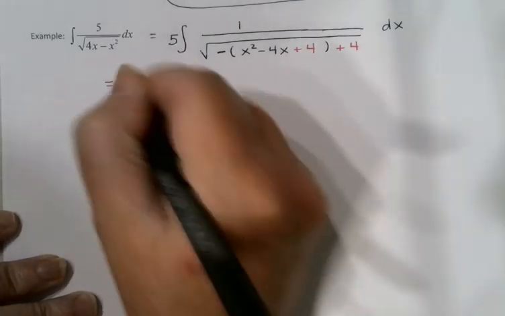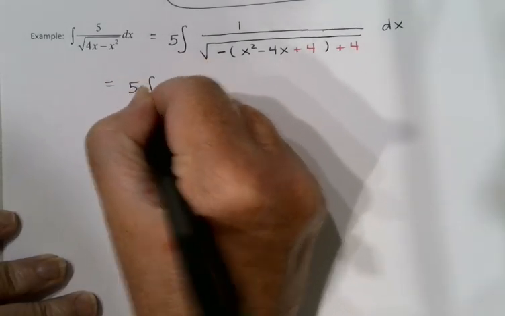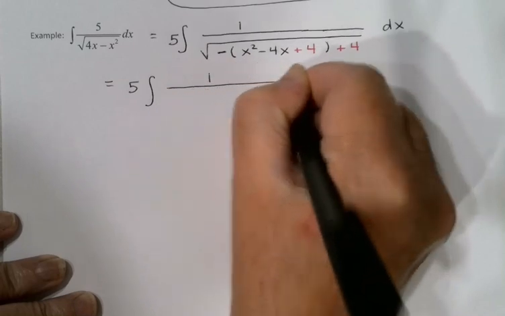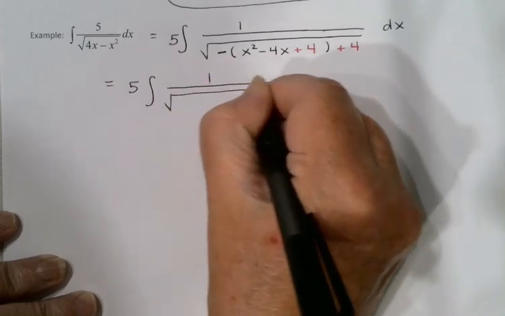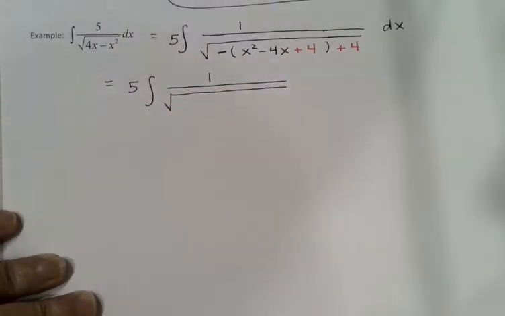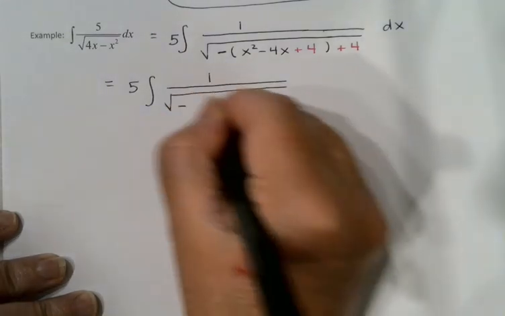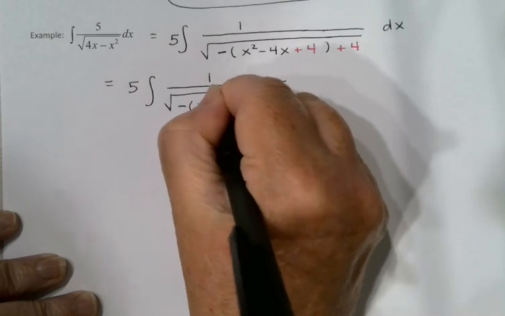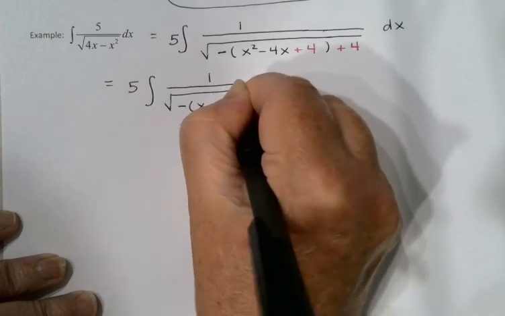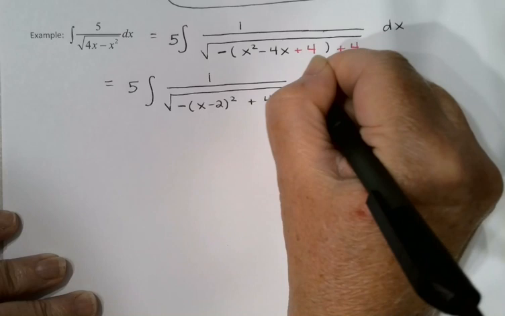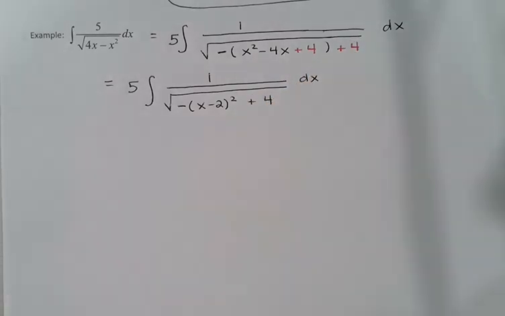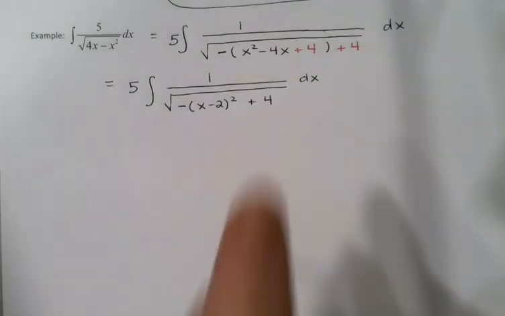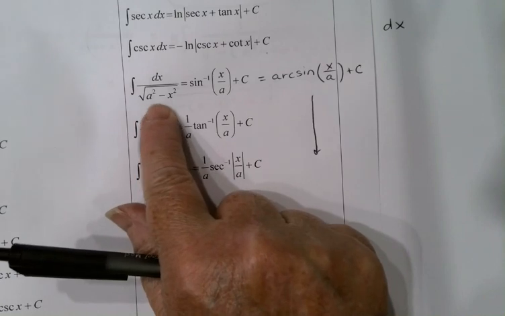All right, so what have we got? Under the radical, we have minus, that's x minus 2 squared, plus 4. I think with just a little bit of rewriting, that is going to match this pretty well.